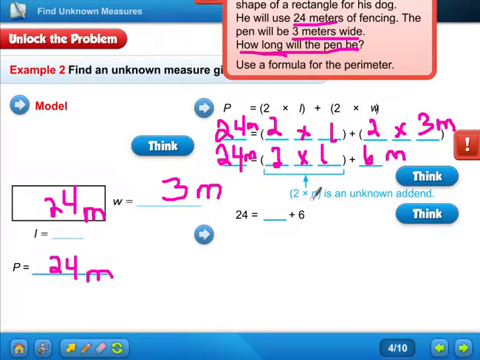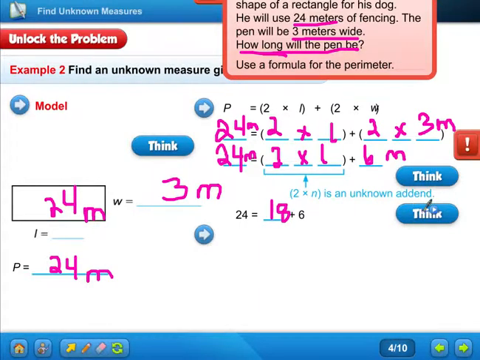Think 2 times n is the unknown added. So 24 equals something plus 6. If you subtract 6 from 24, you would know that it is 18. 24 minus 6, because you want to take this away, and you're going to get 18.